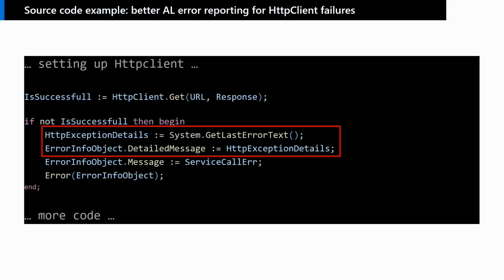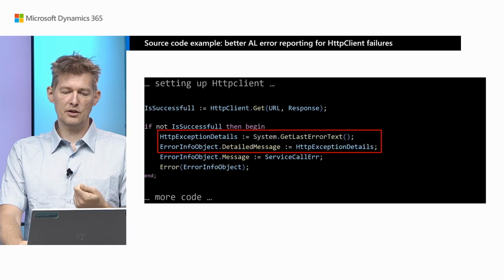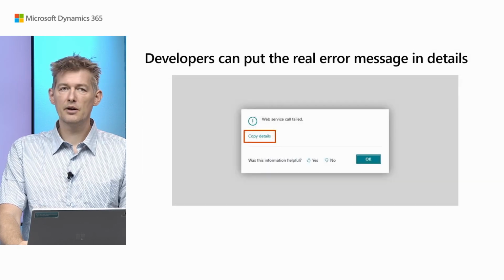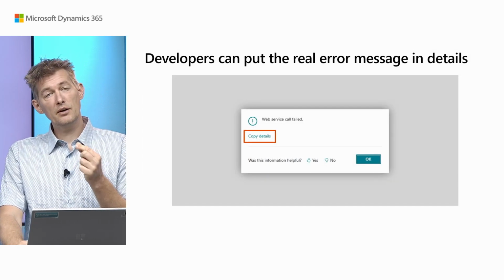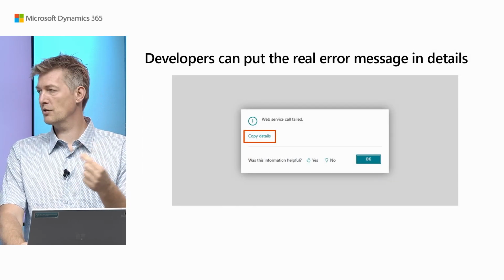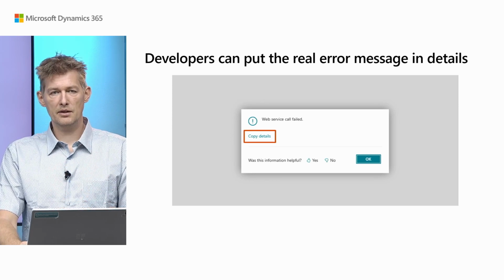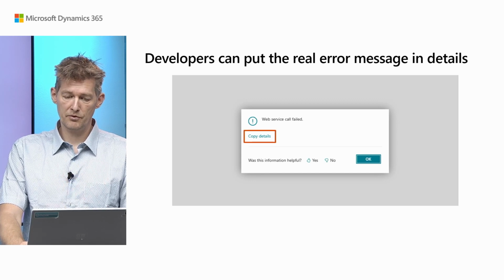If you use GetLastErrorText, you can now simply copy that into the error message. Next slide here. So that if customers are calling you with some problem, if they copy that in, you can actually get the error message and troubleshoot from there.